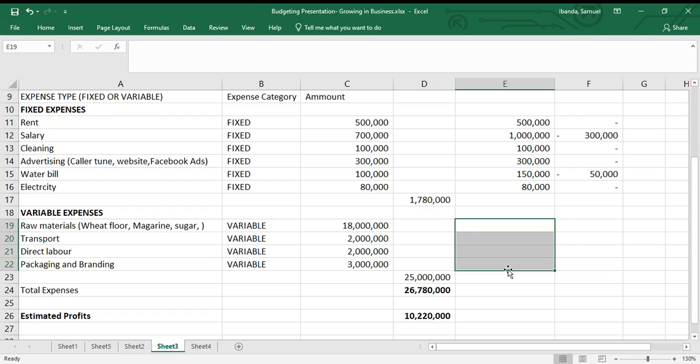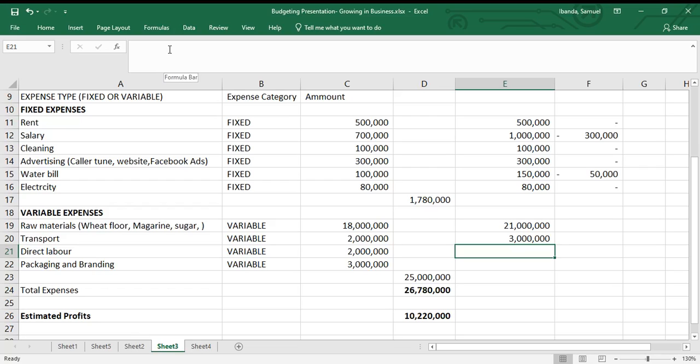So, for example, for variable expenses, maybe instead of 18, maybe we actually spent 21 million. And maybe for transport, maybe here we incurred 3 million, okay?